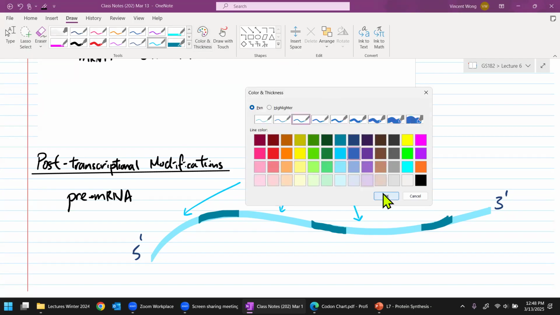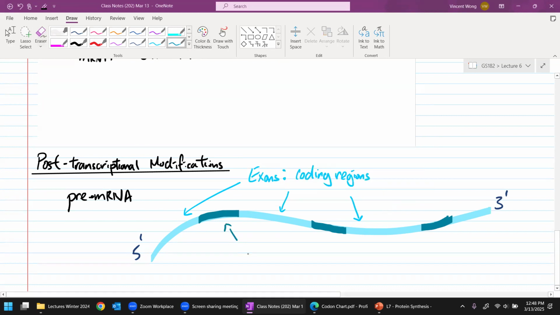Exons are expressed in the protein. And then we have these non-coding regions, which are called introns. Right, so I'll call this exon number 1, number 2, number 3, number 4.